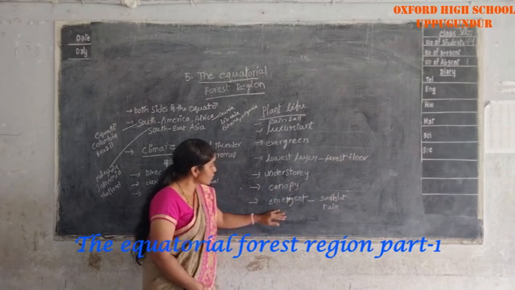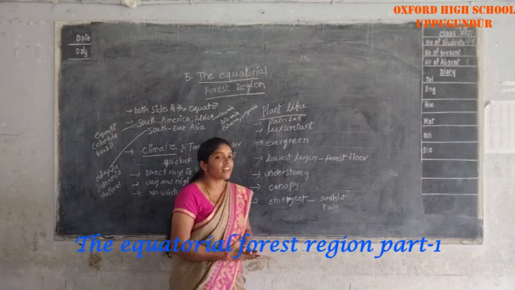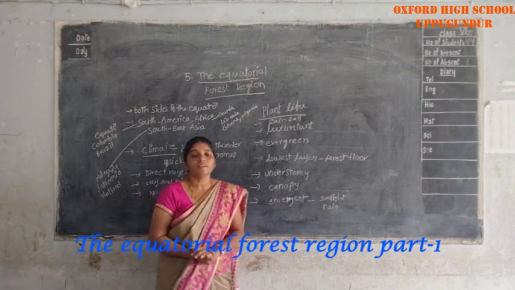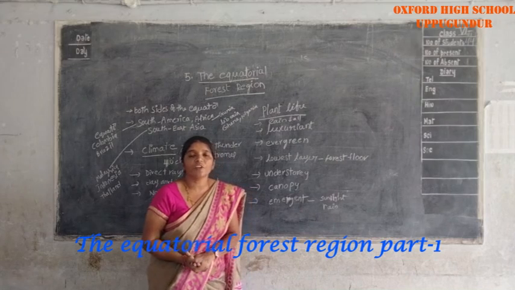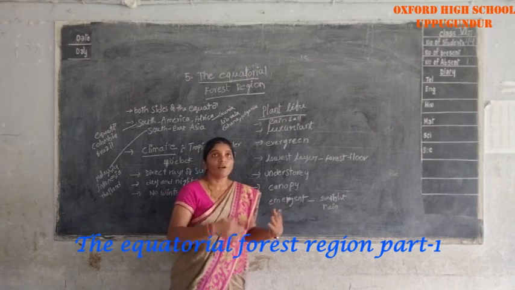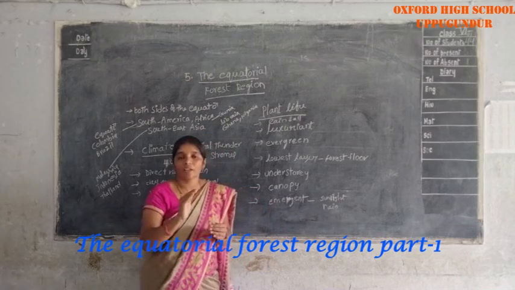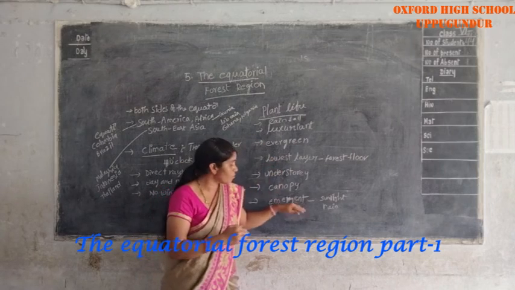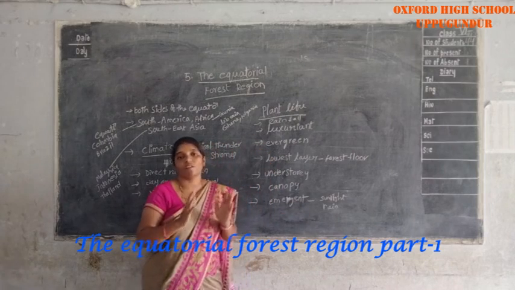The fourth one, the last one, is the emergent layer. In this emergent layer, the trees are very tall, above all three levels below.